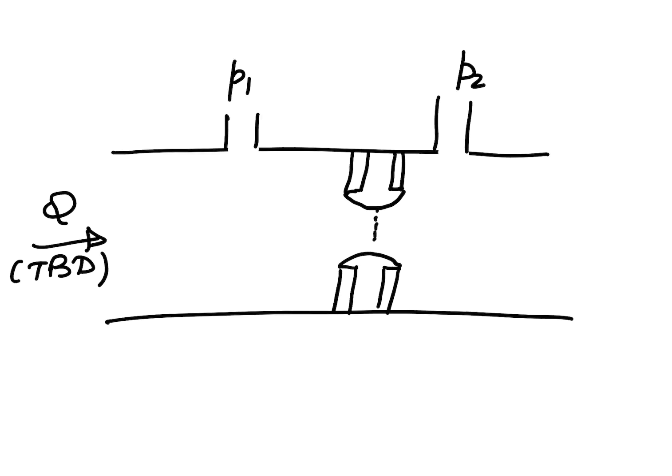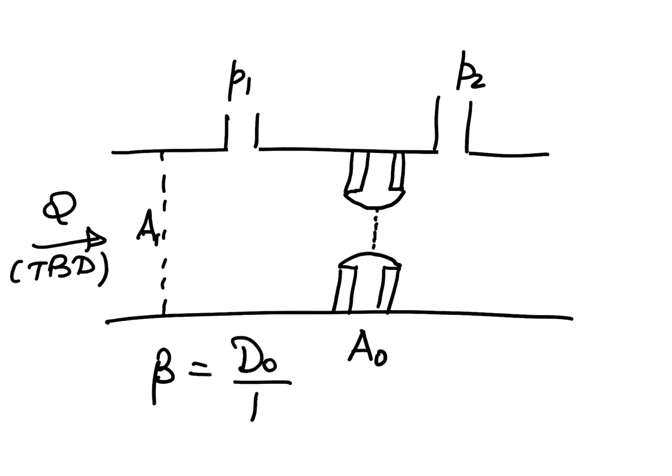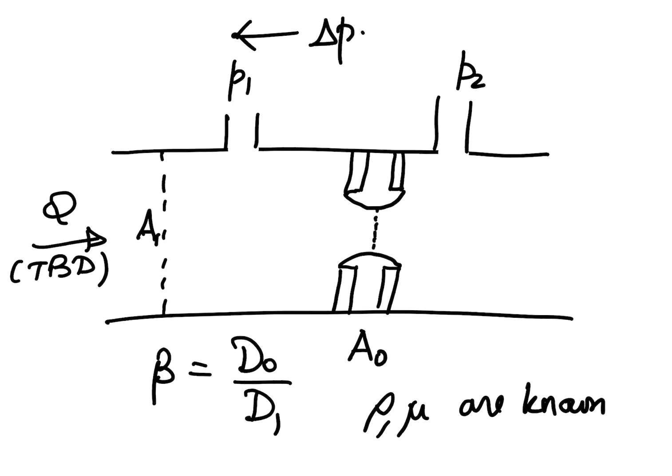That is, we know the area of the flow constriction, we know the area of the inlet flow, so we can calculate beta, which is d naught over d1.